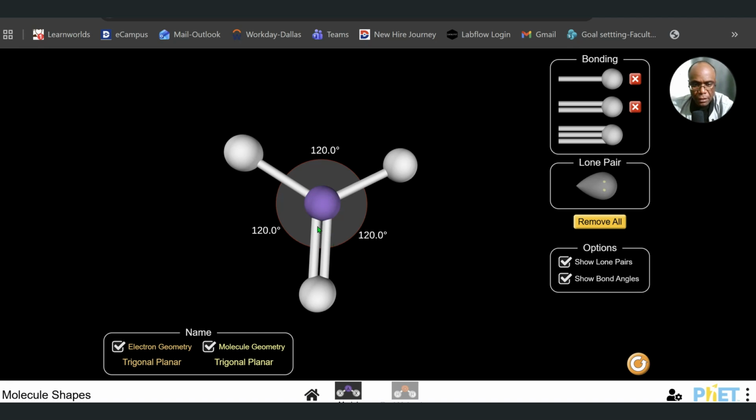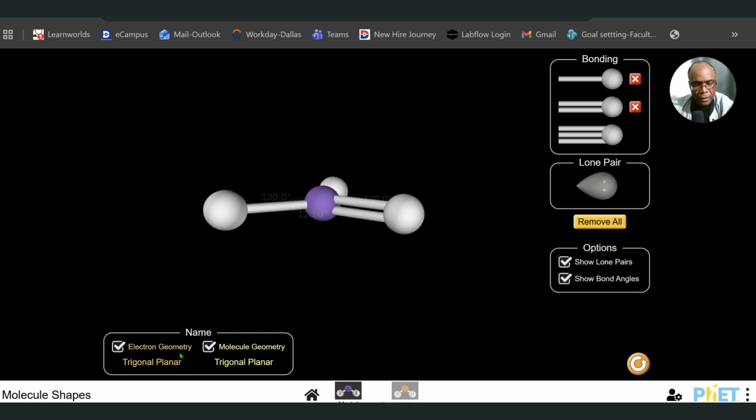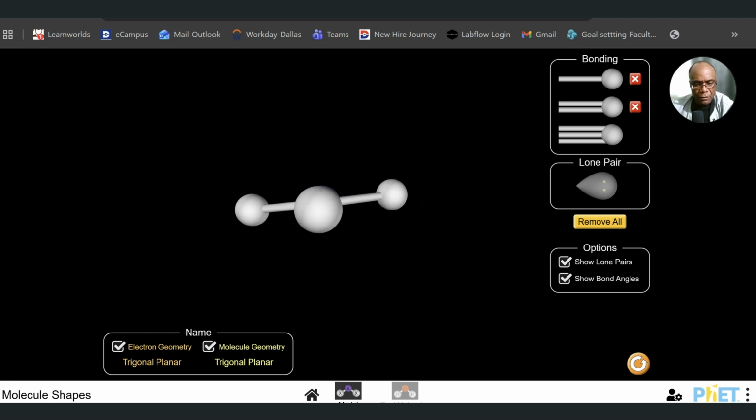For electronic geometry, put a balloon or a circle in this area where you have a double bond. Those are 4 electrons, one electron group. And then there's 2 electrons here in the bond, 2 electrons there. You tie the balloons together, they sit flat on the surface.